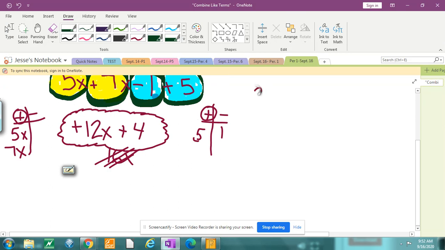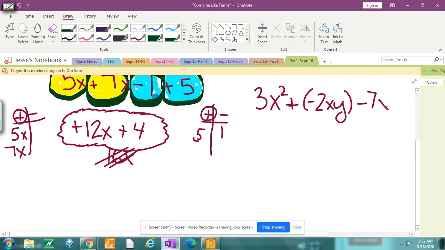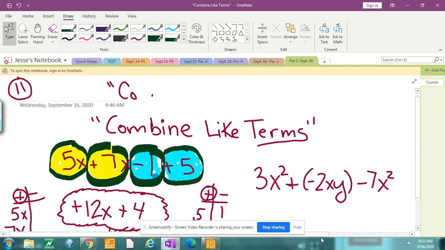Ready? How about if I put 3x squared plus negative 2xy, remember 2 times x times y, close the parentheses, minus 7x squared, and then, oops, hey, what happened?